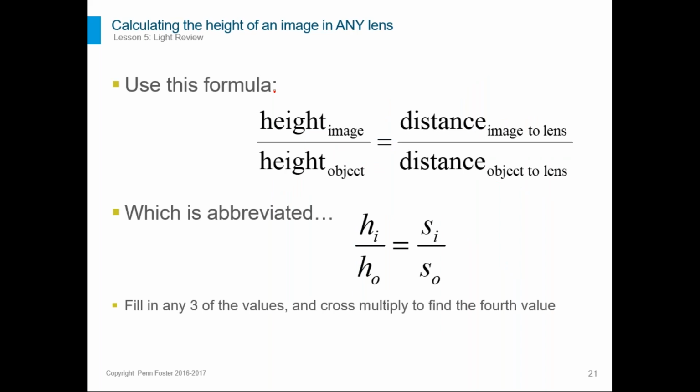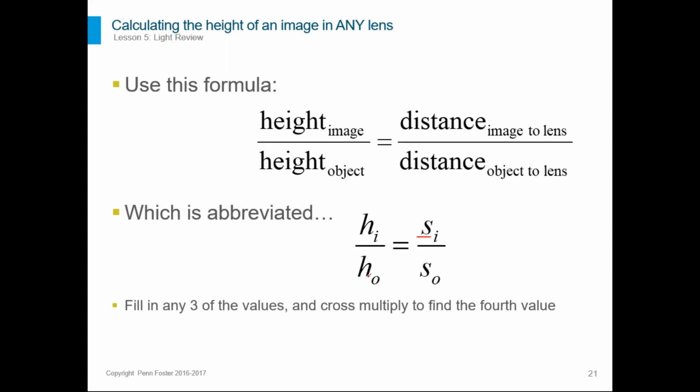Now, when we're talking about lenses, we use this formula, and it's the exact same formula we had for mirrors. When we talked about curved mirrors, we had this formula for heights and distances. Same formula for lenses. So you have the height of the image divided by the height of the object, and the distance from the image to the lens divided by the distance from the object to the lens. Remember that S is always distance, and just pay attention to your I's and O's.